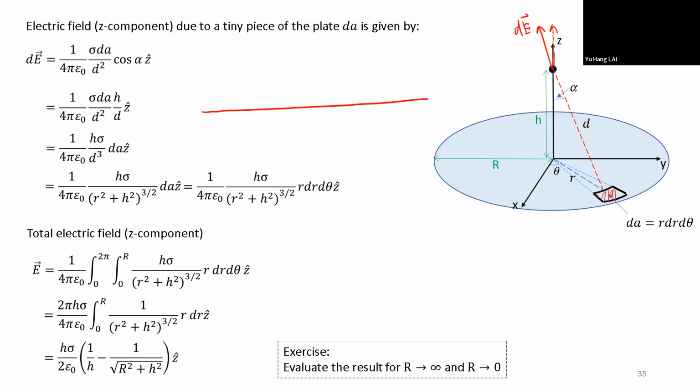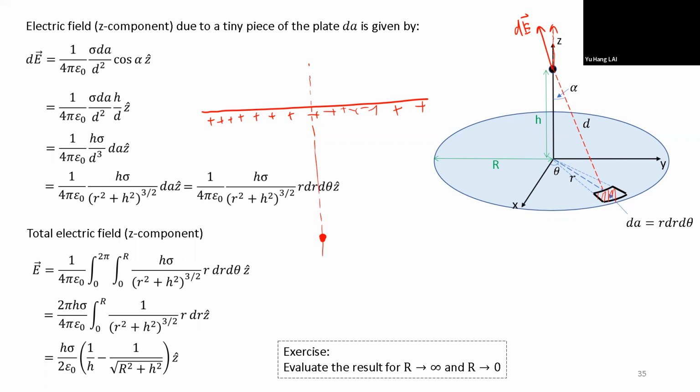Again, it's uniformly charged, and let's say this is the middle line, and I'm standing here. I ask you the same question: I want to calculate the electric field at this point due to this charged wire.